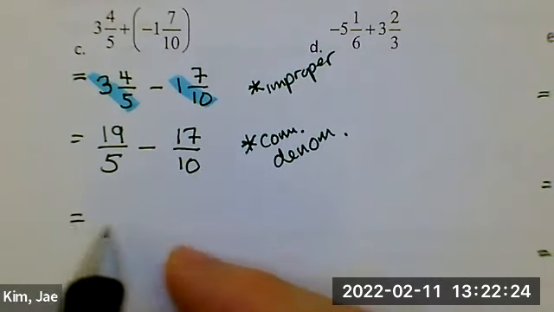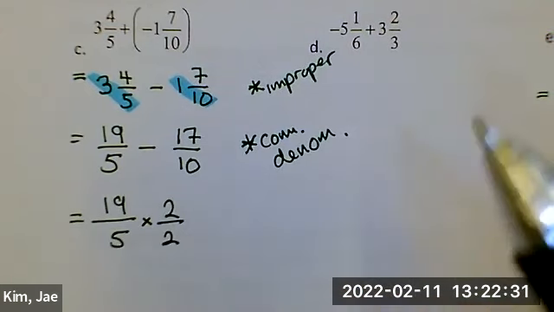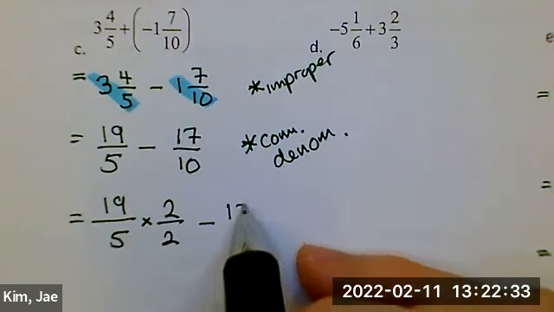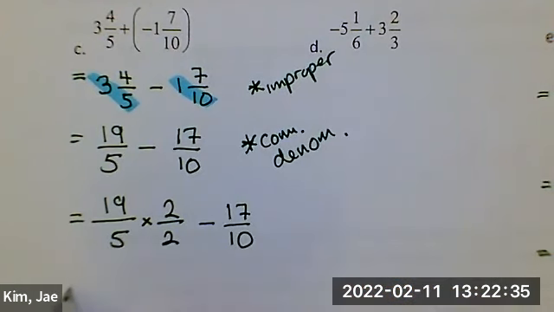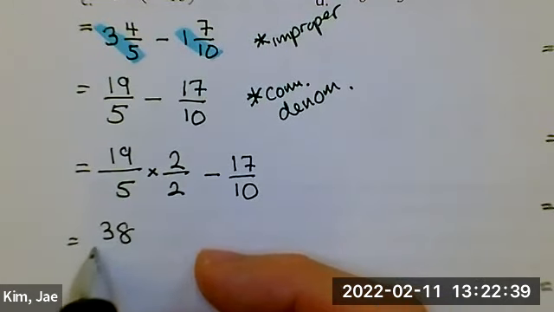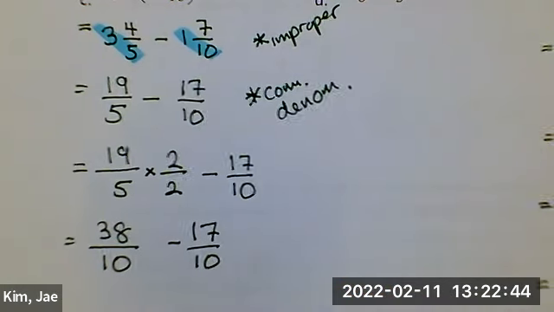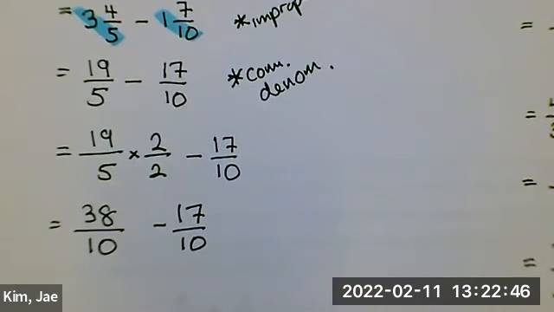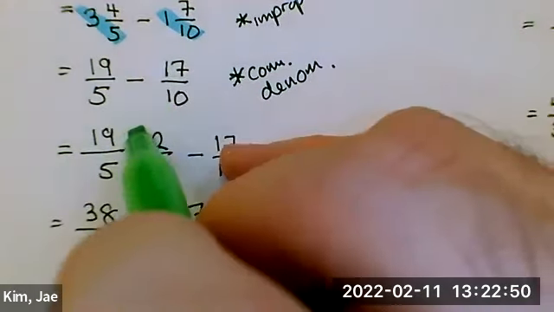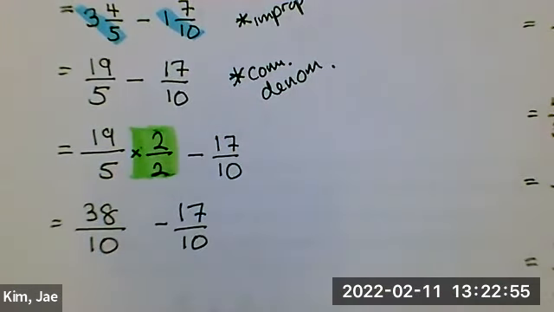So I'll show every step. So 5 needs to be multiplied in this way so that the denominator is a 10. Here we go. So 19 times 2 is 38 over 10 minus 17 over 10. Just to highlight this for future reference, that's the new part.